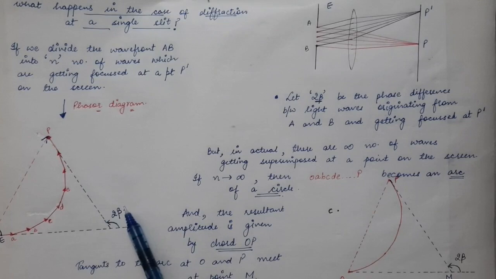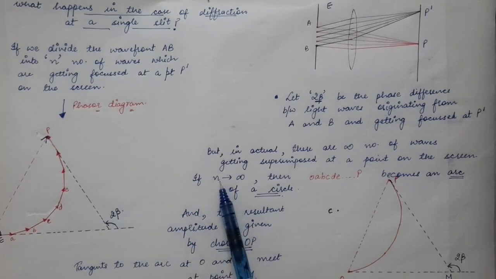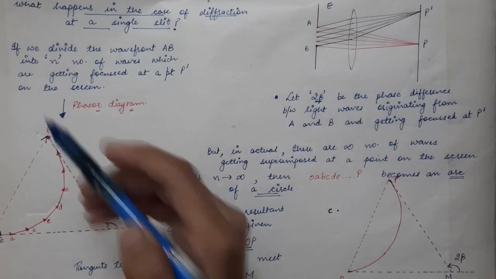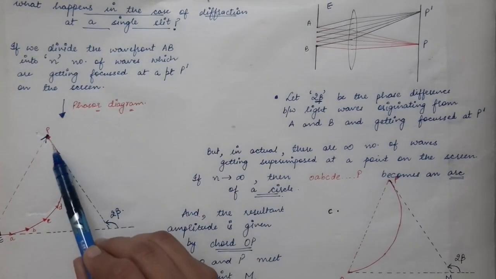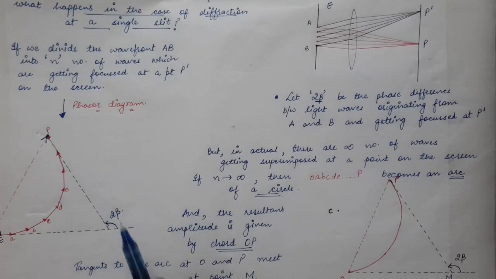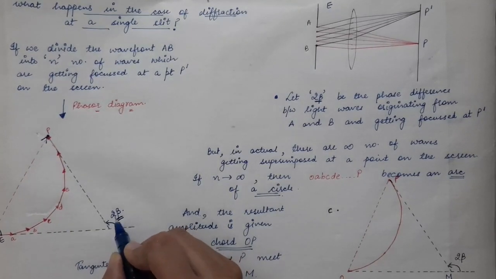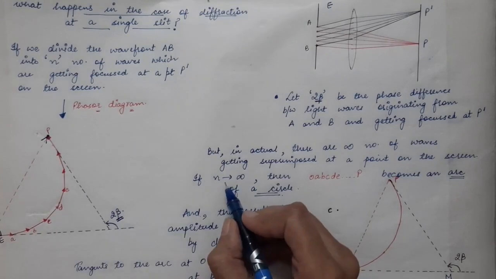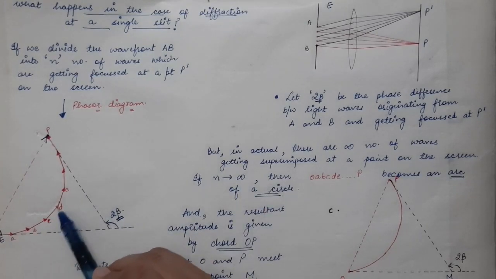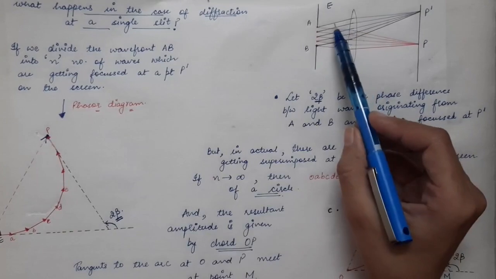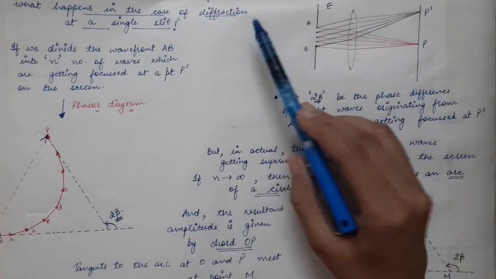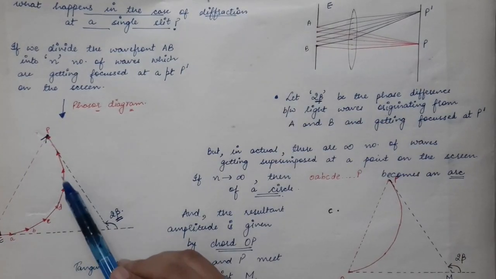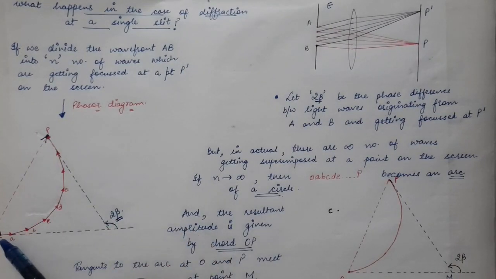So this point will be fixed, because we have said that the angle of the last vector with respect to the horizontal is twice of beta. But we are using the limit that there are now an infinite number of vectors, because there are an infinite number of waves getting superimposed in the case of diffraction. So this whole curved section will comprise a very large number of small vectors.